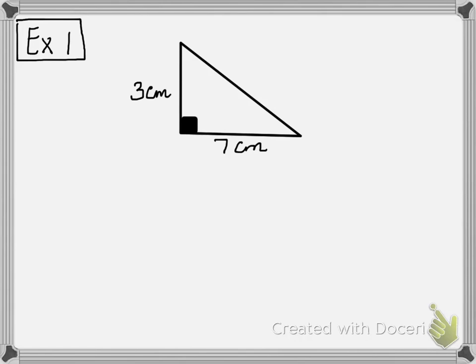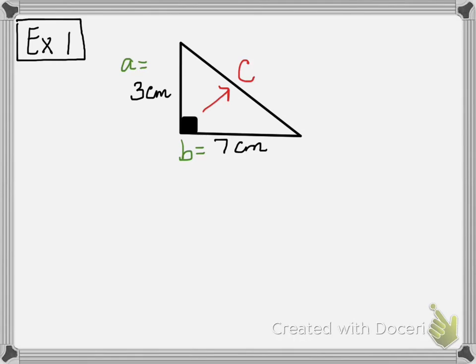It does not matter. I'm going to choose a as the 3 centimeters, and b as the 7 centimeters. It doesn't matter because they're both the legs, so they're going to the same place. The only thing that does matter here is that our c is the hypotenuse, and that's what we're trying to solve for, our longest side.